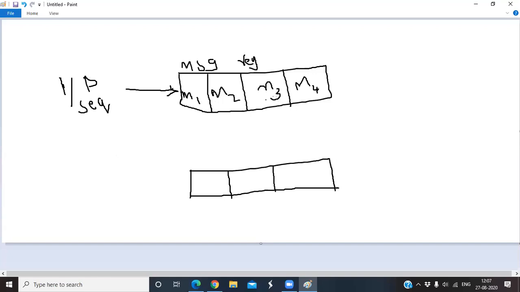You can take M1, M2, M3, M4 in this direction and write C1, C2, C3, or if you consider M4, M3, M2, M1 in the other direction, you write C3, C2, C1 accordingly. So this is the check bit register.